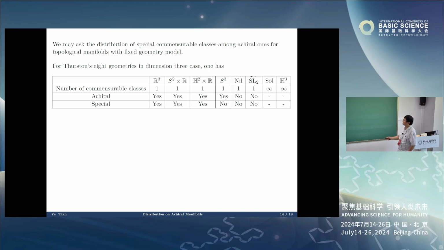So this question for these six is easy, and the first task is to study Sol and the hyperbolic case. We already know the distribution result for Sol.